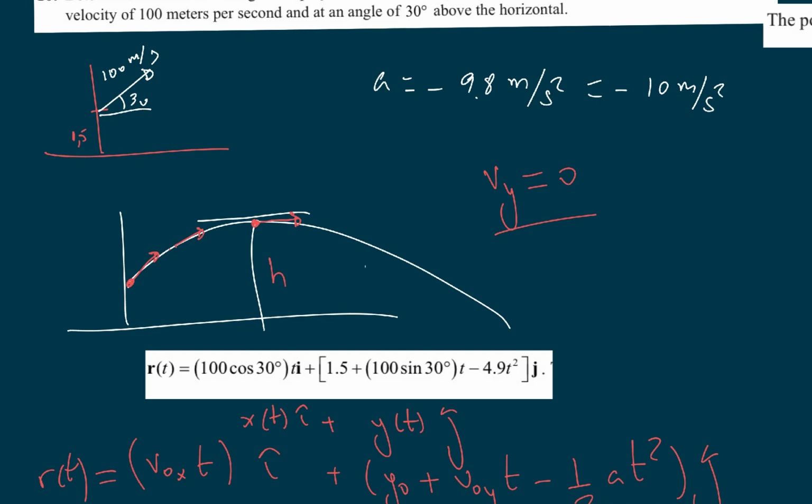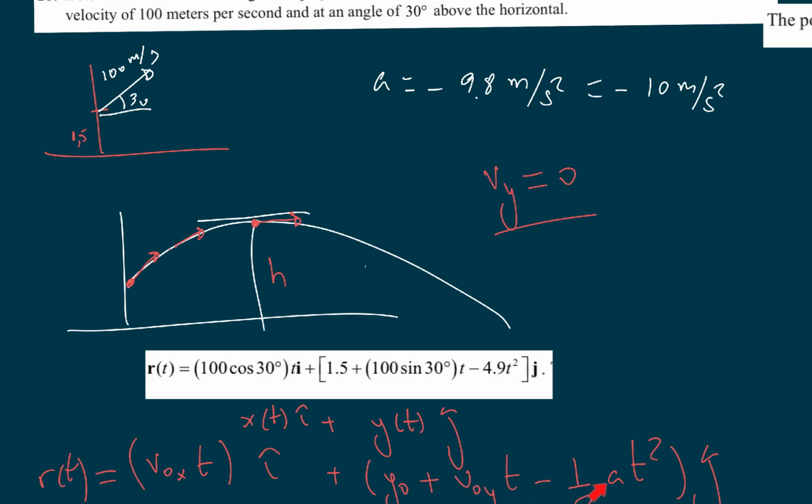How will we obtain this velocity? We may find the velocity vector v of t, but we may do something else. You see, the y is increasing, increasing, and now it will decrease. The maximum point will be when the derivative of y with respect to t is 0.